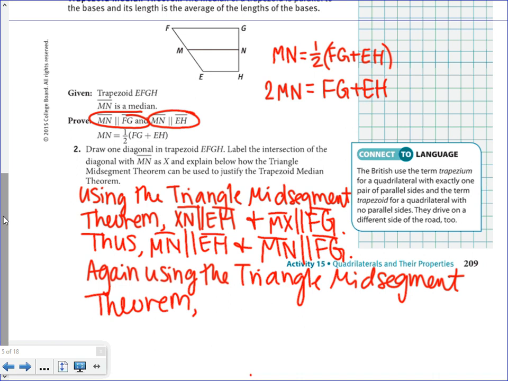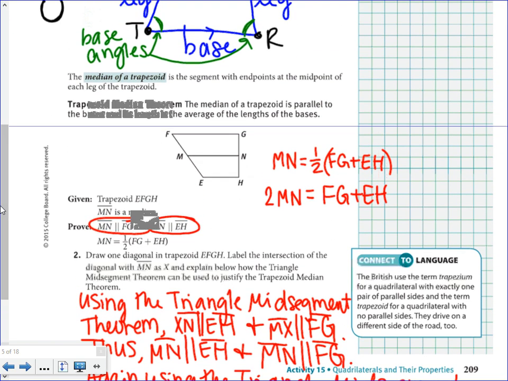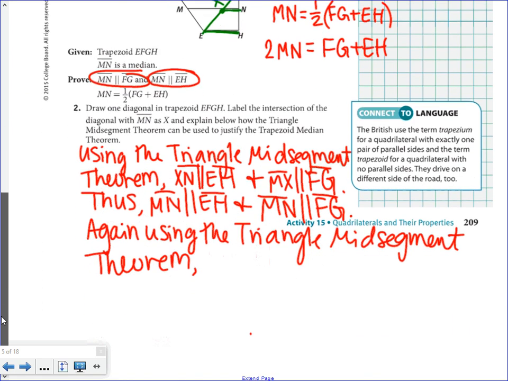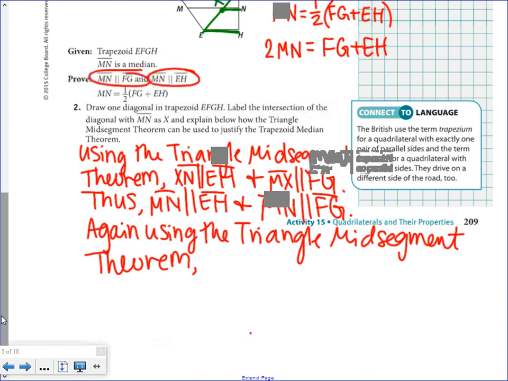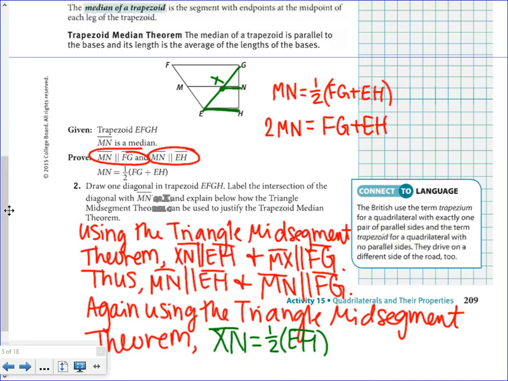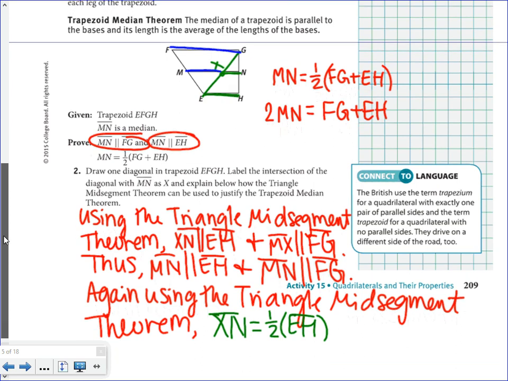We know that XN is half of the length of EH, and I can write that as XN is half of EH. And we know that MX is half of FG.